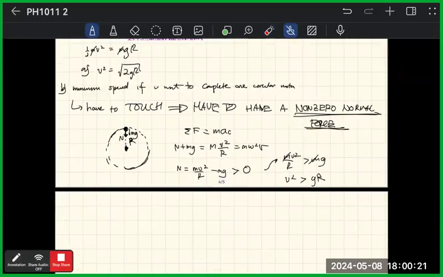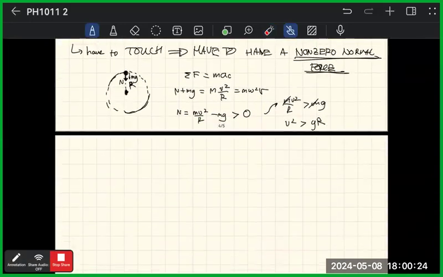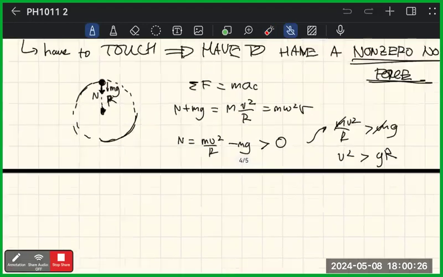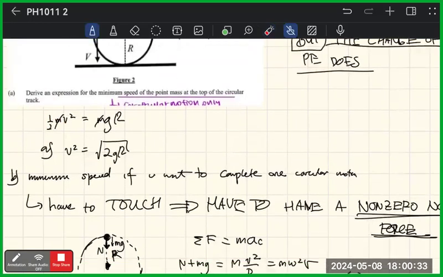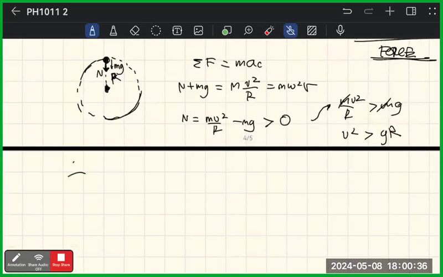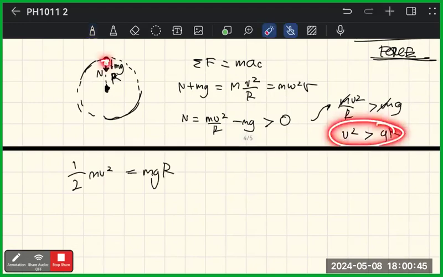So let's continue with our energy. Based on the reference point, the initial energy is the same, half of mv squared. Half of mv squared equals mg times 2r, but on top your velocity has to be bigger than something, so you cannot have zero kinetic energy on top. It has to be added by the top kinetic energy, half of m v top squared.